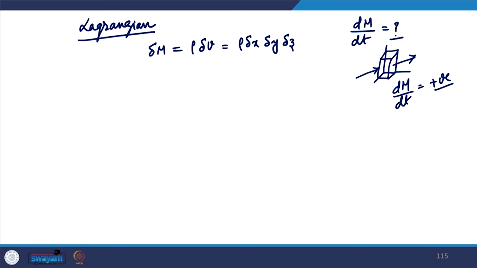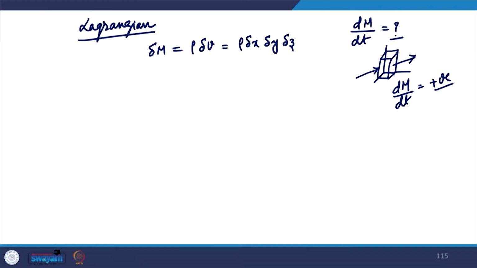If it is negative, that means more fluid is going out than the mass that is coming in. So, in the second case, it will mean the presence of a source inside, or in the other case, it will mean the presence of a sink inside.